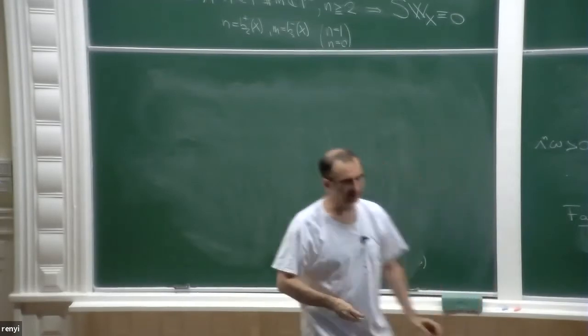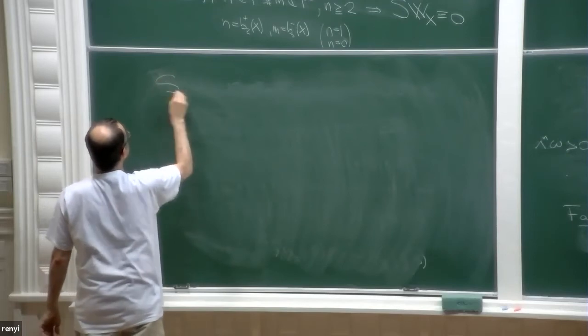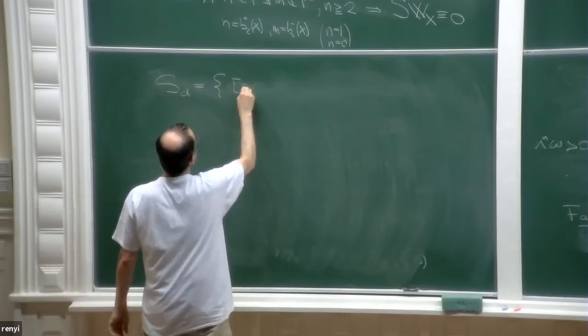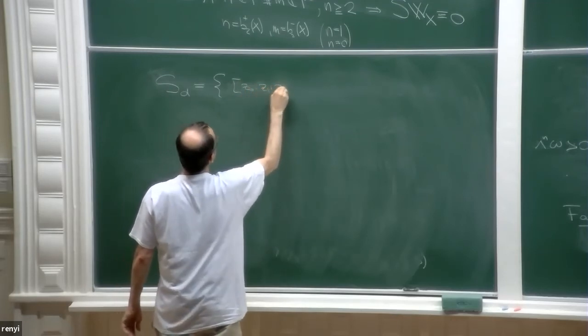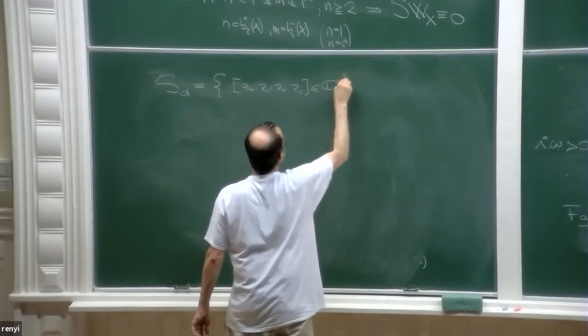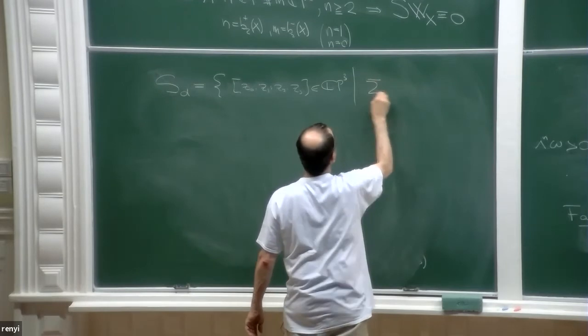In the second lecture, I introduced an infinite family of complex surfaces. You remember the S_d's? These were just those points Z0, Z1, Z2, Z3 with homogeneous coordinates in CP3, which satisfy this equation.